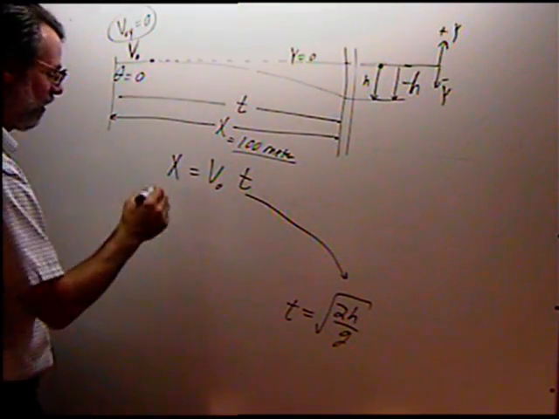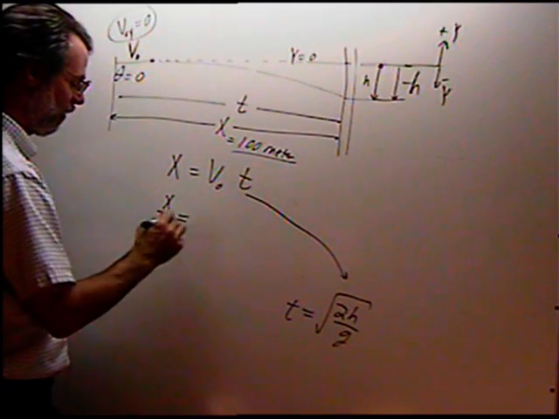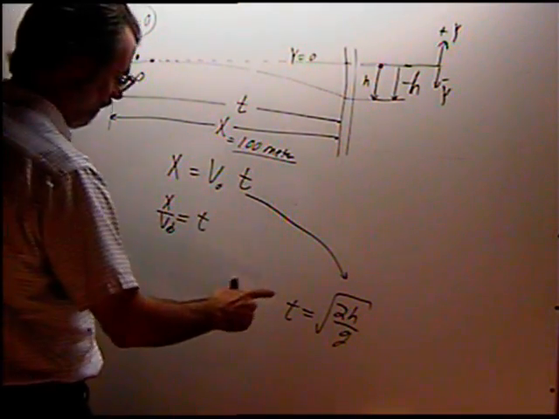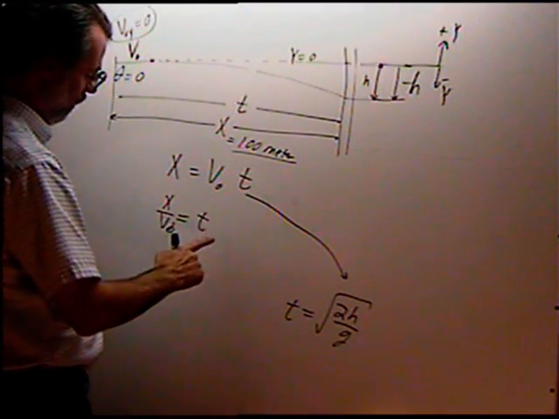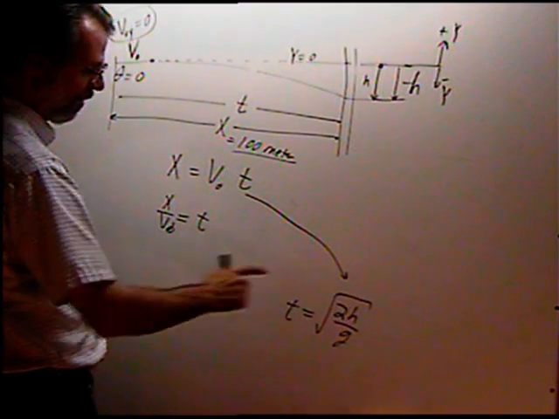In any case, we take x divided by v0, and that's equal to the time. Okay, and now we can plug this into here and solve for h.